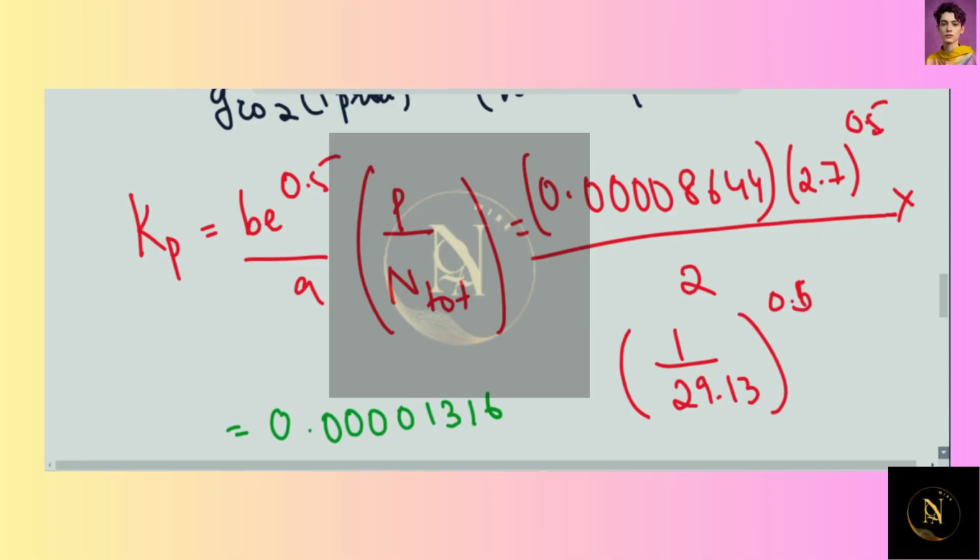Now a steady flow energy balance gives HR equals HP, that is the reactants and the products.